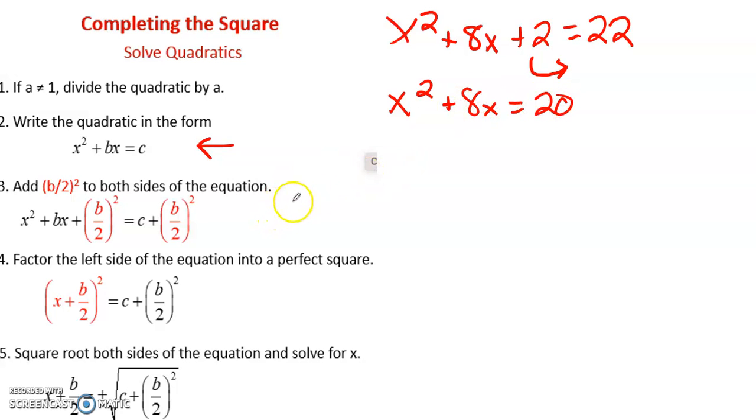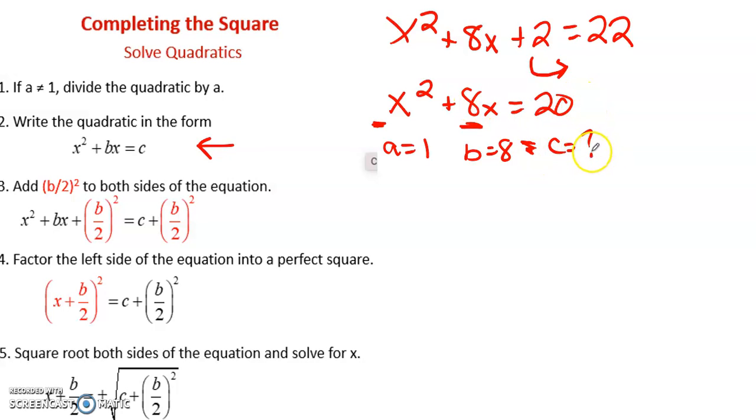And then I need to figure out what I'm going to add to both sides of the equation. I have to add to both sides to keep the equation balanced, but I want to add it so that I get a perfect square trinomial on the left-hand side here. Because I have an a, my a is 1. I have a b, my b is 8. What I'm missing is a c. All right, and that c is what is going to be added to both sides.